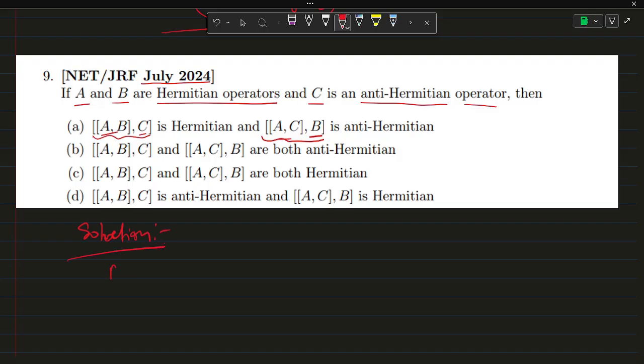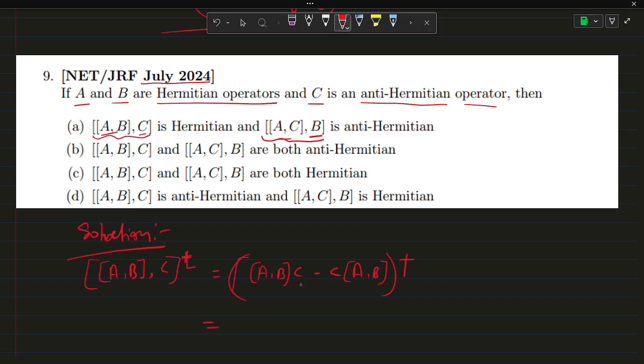So the first part is ABC. Taking the Hermitian of this operator is, A, B, C minus C, A, B, whole dagger.